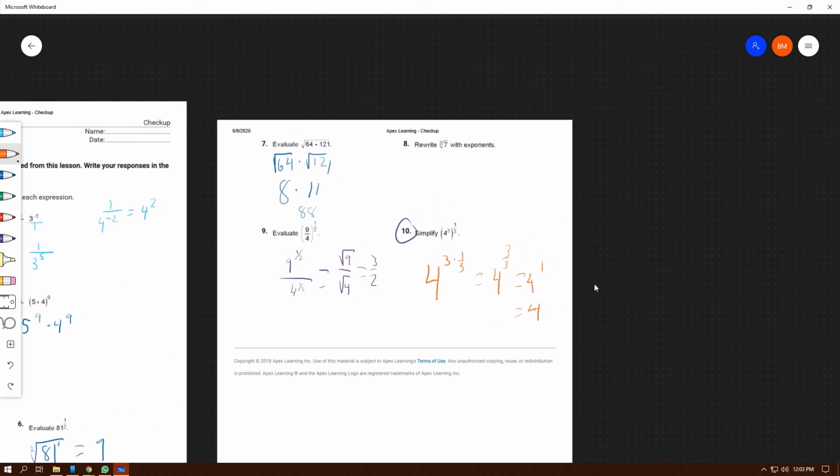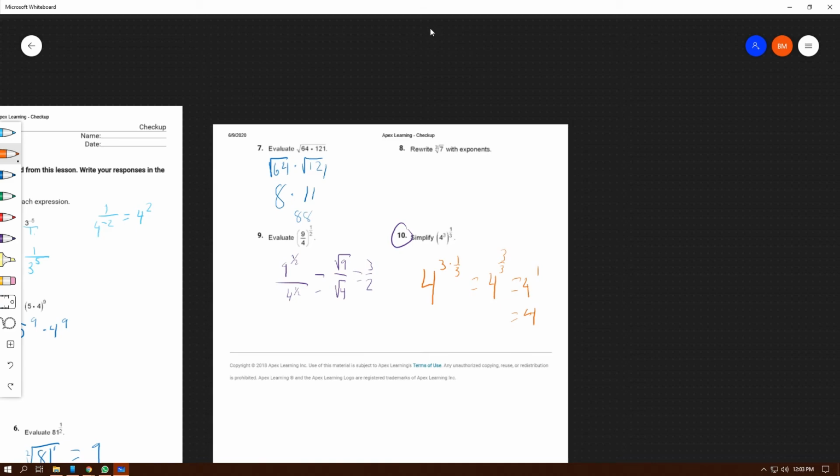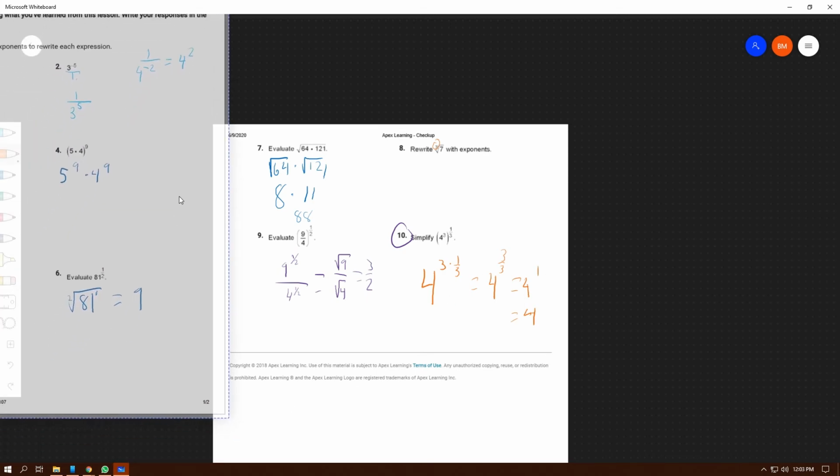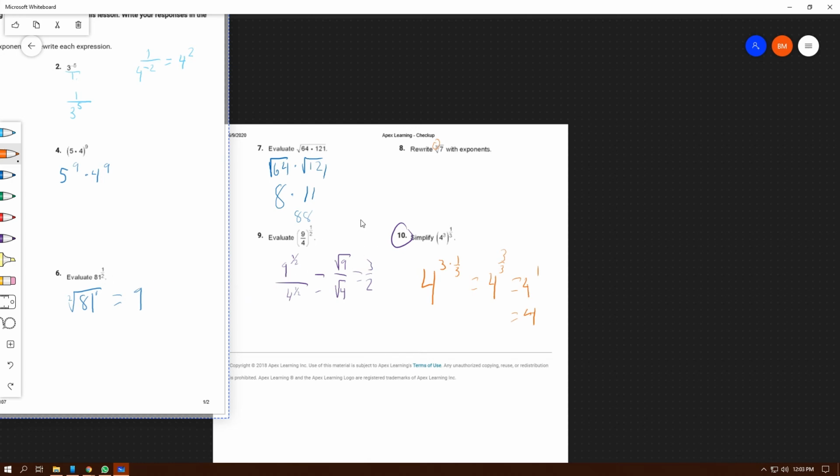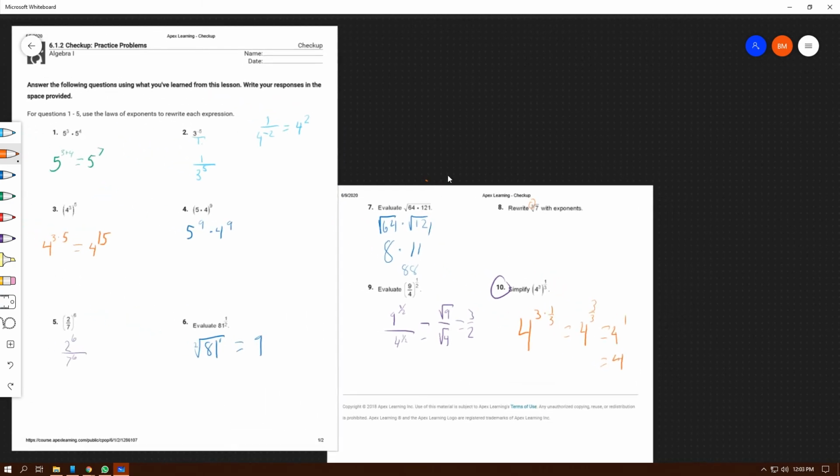Well, my index on this one is a 3. If I follow the pattern I had down here, it becomes my denominator. And since I have no other exponent here, just like I had none over here with just the 1, my numerator is going to be 1. So I can take this, and this will be 7 to the 1/3 power.